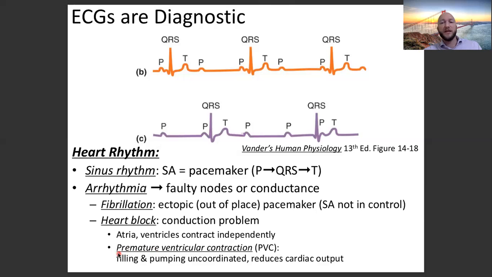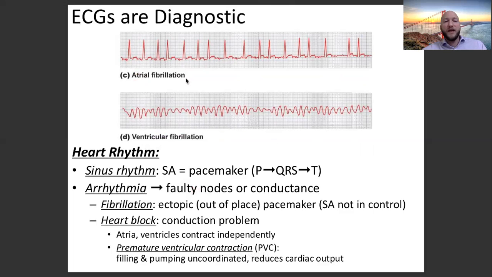This is going to mean that you're going to take more heartbeats to push the same amount of blood. You want to pump as much blood per heartbeat, so it requires the fewest number of heartbeats. This is going to make your heart work harder than it needs to. It's going to decrease efficiency, and it's not going to be good long term. So filling and pumping is uncoordinated. It reduces cardiac output.